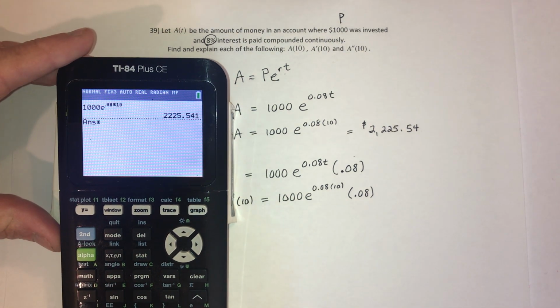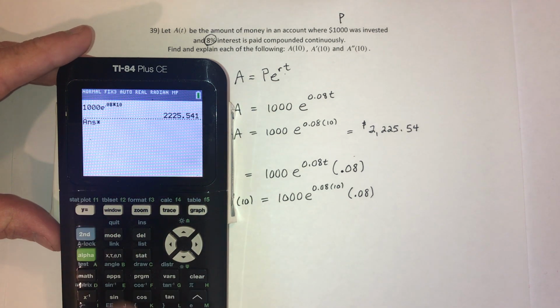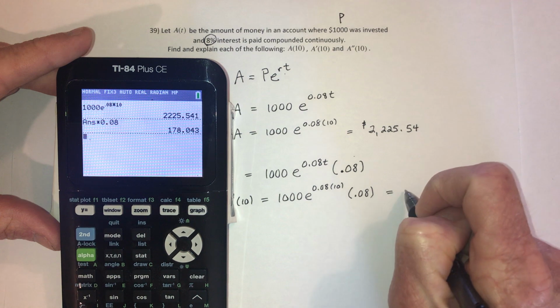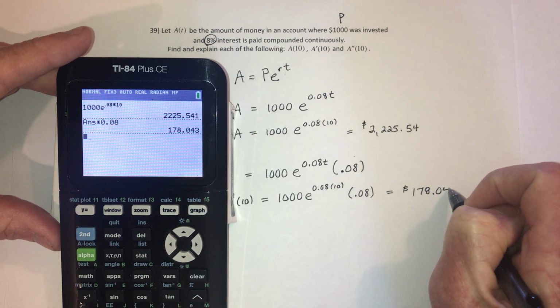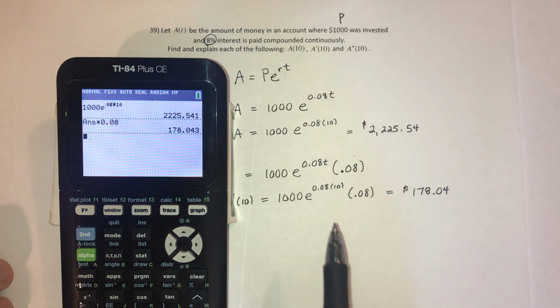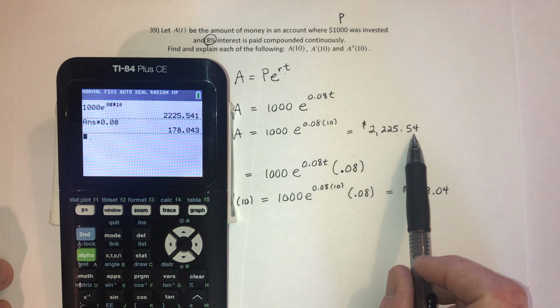So if you just hit multiply, it'll take this and plug it in for you. Multiply by a 0.08. So what this means is, this one means after 10 years, that's how much money is going to be in the account.